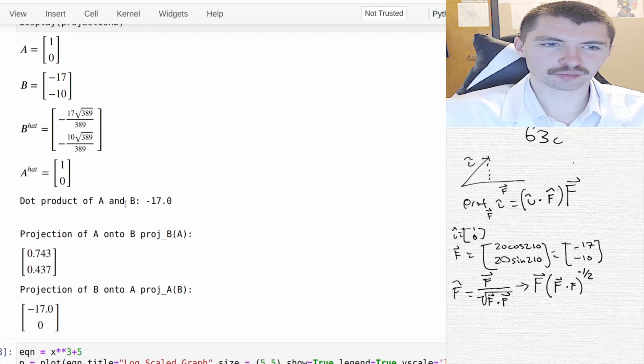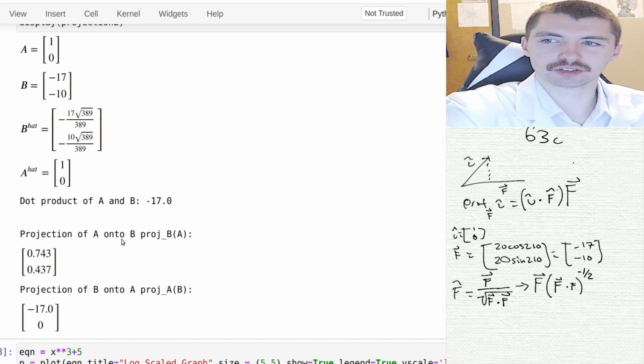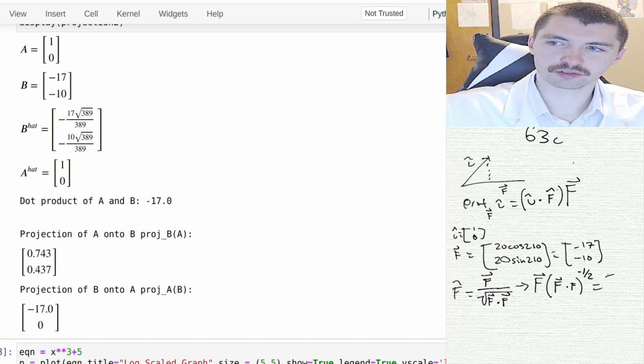So we're not doing the dot product, we're doing the projection of I onto B, which is 0.7 and 0.4.